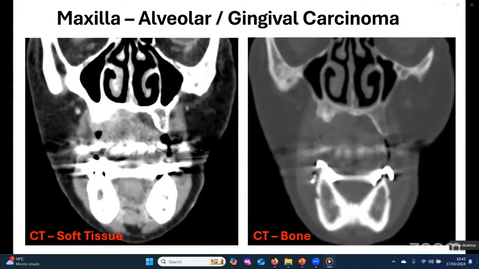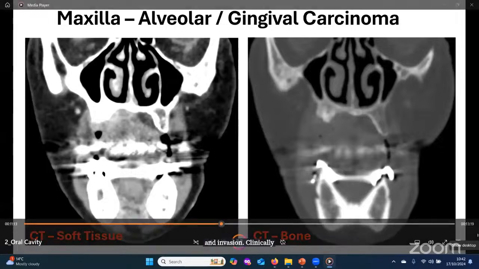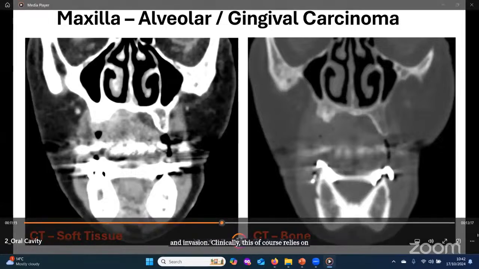Bone invasion is an area of difficulty in head and neck tumours, especially differentiating between erosion and invasion. Clinically, this of course relies on radiology. And you will see on the blue circle here the normal fat attenuation on the left side with the normal alveolar process evident in the right image.